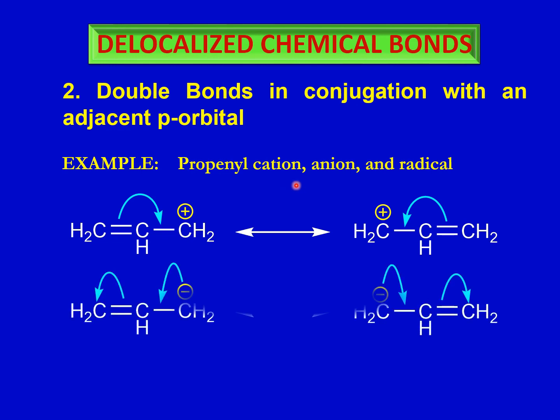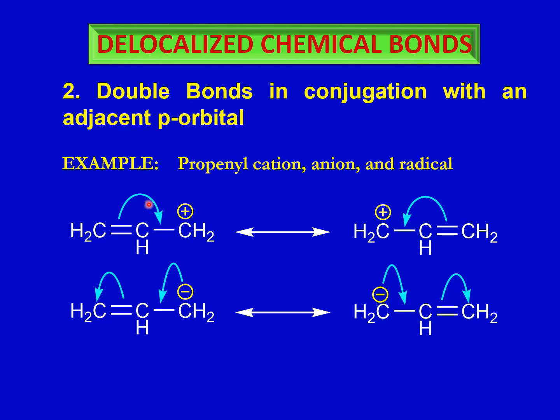Now, if the adjacent p orbital is filled, we can have a propenyl anion, and you can see now that the electrons from the anion are shifted between these two carbon atoms, and as a result these pi electrons are shifted onto this carbon atom, and we get this structure in which we have an anion now on this carbon, or a negative charge here, which can shift back to give you this structure.